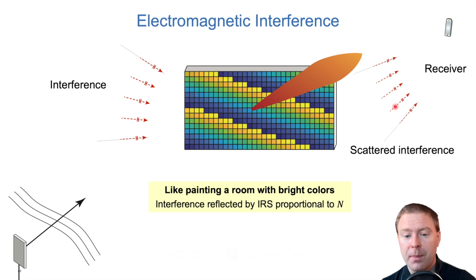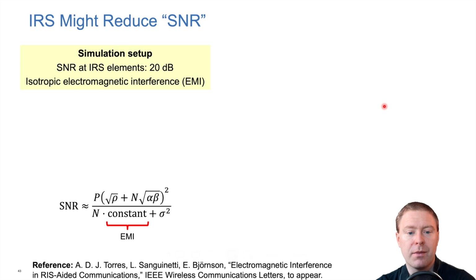And in the same way, the interference that is reflected by the surface will be proportional to the size of it due to this aperture gain. There might not be a beamforming gain of the interference, but it will still be reflected, so there will be more interference around. And here is an example of how the IRS might actually reduce the signal-to-noise ratio.